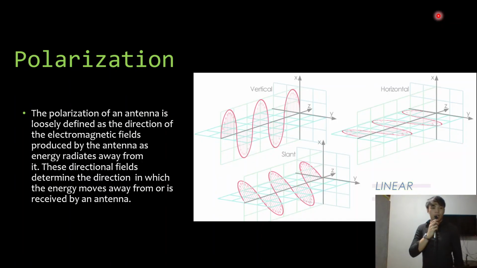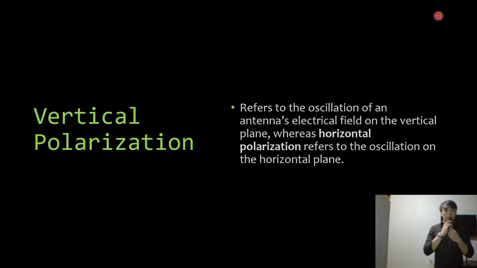So polarization is one of the parameters to be considered in choosing a type of antenna, because all the types of antennas have a different polarization as we've discussed earlier. Vertical polarization refers to the oscillation of an antenna's electrical field on the vertical plane, whereas horizontal polarization refers to the oscillation on the horizontal plane.